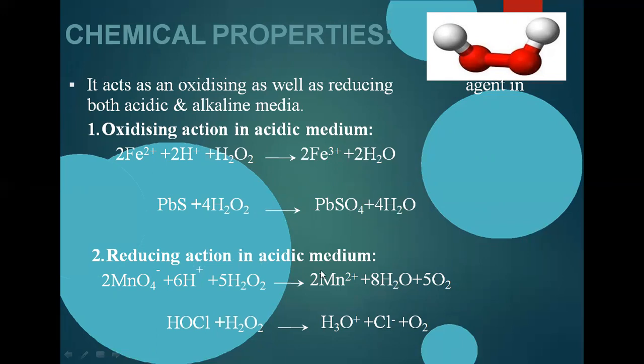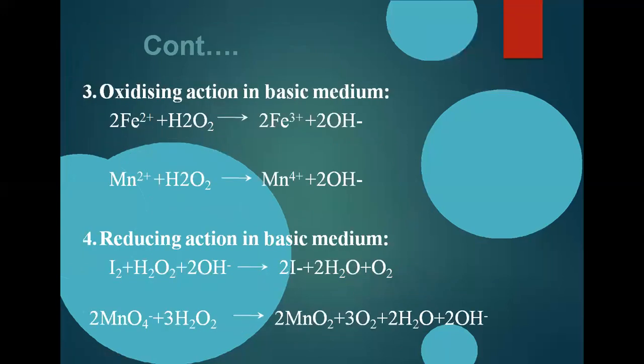Reducing action in acidic media: 2MnO4 negative plus 6H positive plus 5H2O2 gives 2Mn2 positive plus 8H2O plus 5O2. HOCl plus H2O2 gives H3O positive, Cl negative, and O2. So these are the oxidizing and reducing actions in acidic medium, and the agent is H2O2. Now we'll talk about the oxidizing action in basic media.